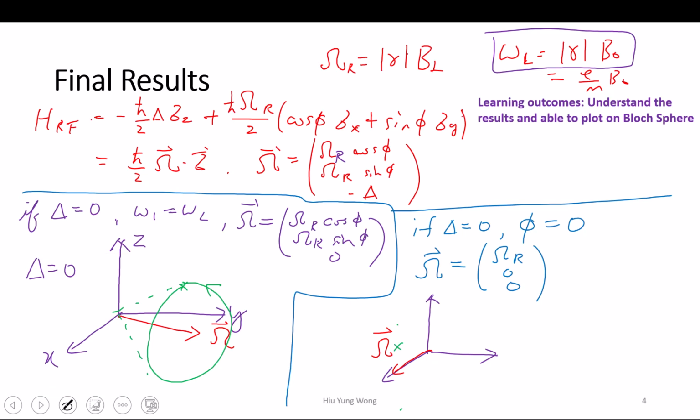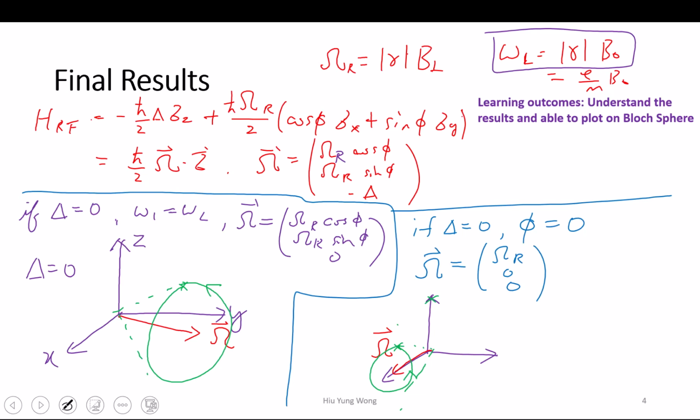This is the Bloch sphere, right? Again, you will go over the right-hand rule, so it's going to rotate about this omega. And if you are on the top, you will go down from the North Pole to the South Pole, right? So that's why this is the rapid frequency. But this is on the rotating frame.